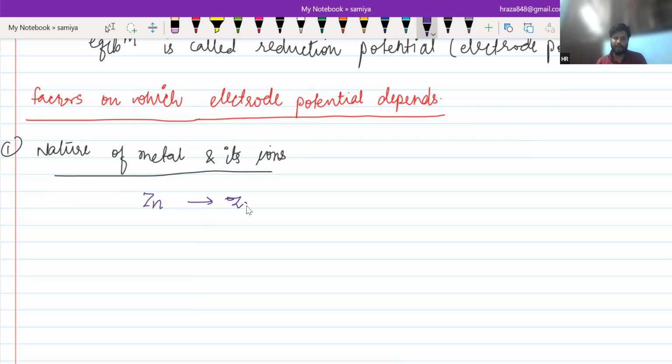and some metals like Fe can be oxidized into Fe+2, and Fe can also be oxidized into Fe+3.